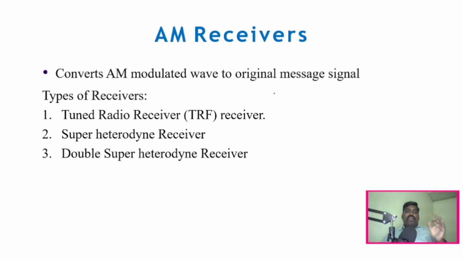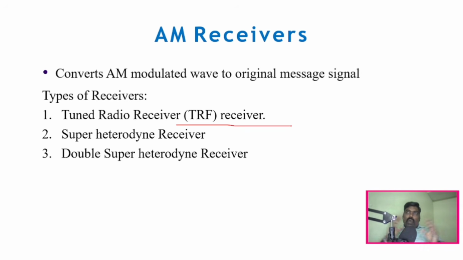Whereas the tuned radio frequency receiver works on a different principle, where there is no mixing of signals. It will directly receive the original signal, select the desired signal, and that signal will be sent to the detector, and the original message signal will be recovered, amplified and used.